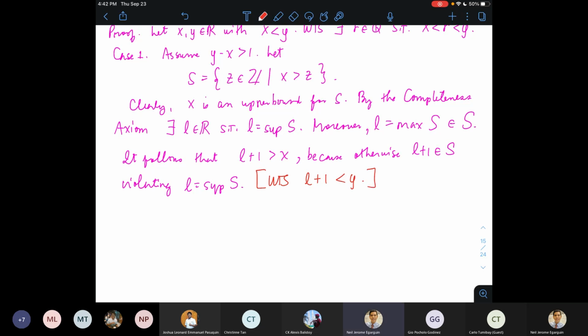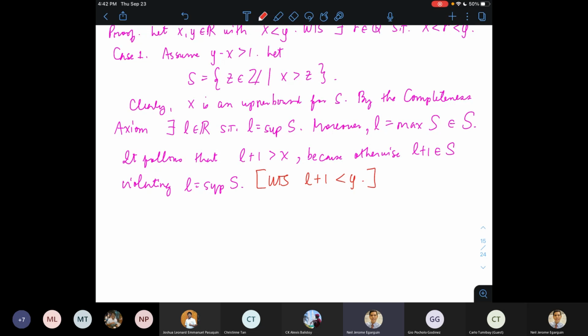Kasi pag napakita natin na yung L plus 1 ay mas maliit sa Y, ibig sabihin si L plus 1 ay nasa pagitan ni X and Y. And what is L? L is an integer. Integer plus 1 is another integer. And if it's an integer, it is a rational number.